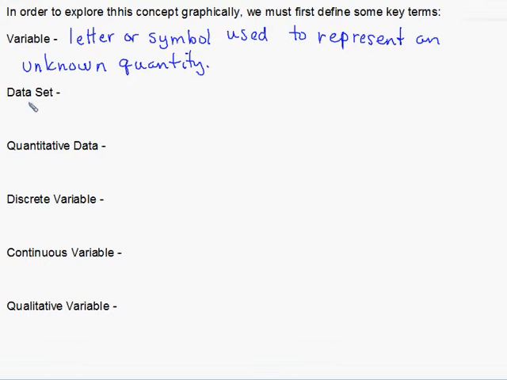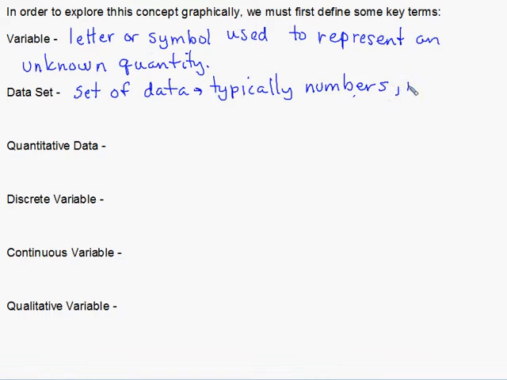A data set, and a data set is just that. It's a set of data. Typically we're talking about numbers, but we can be talking about other types of data. There is non-numerical data. Usually that is called qualitative data, and numerical data is quantitative.